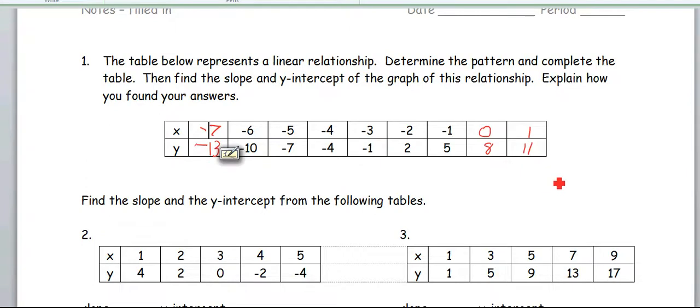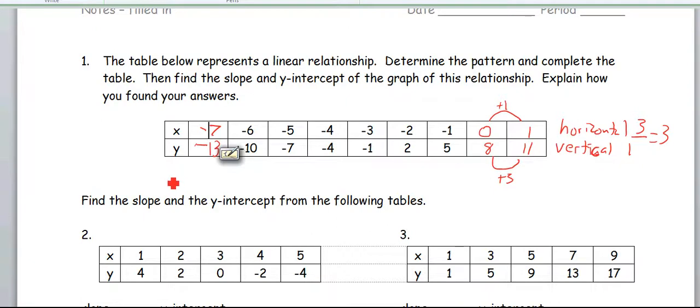So what we're going to do is find our vertical change and put that over our horizontal change. So from here to here is +3, that's vertical. Here to here is +1, so I would do 3 over 1 is 3.